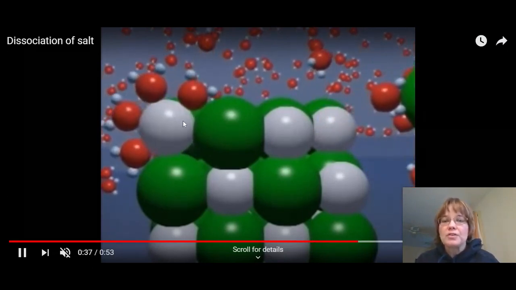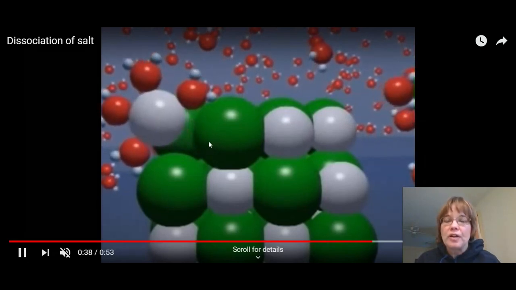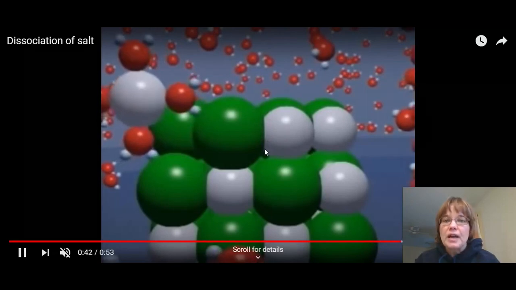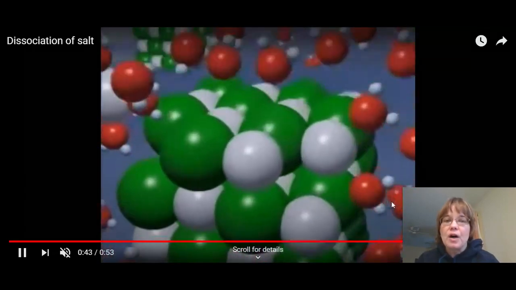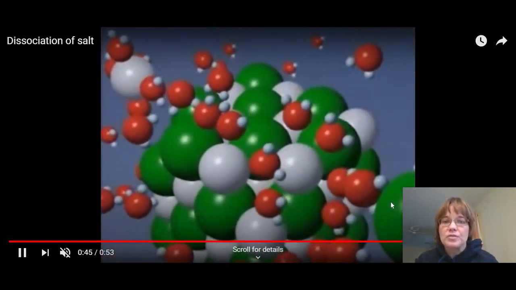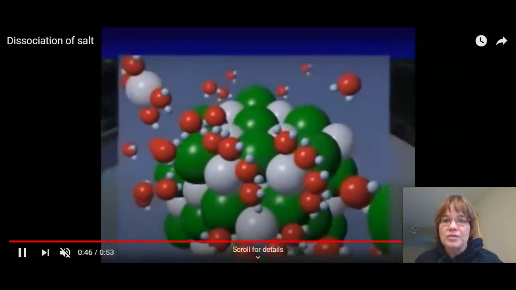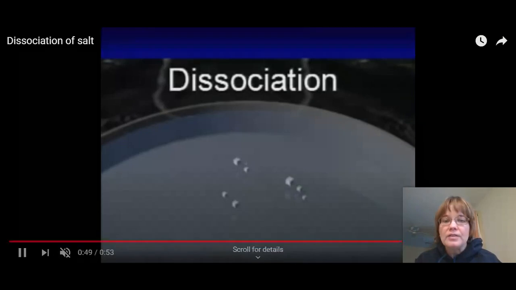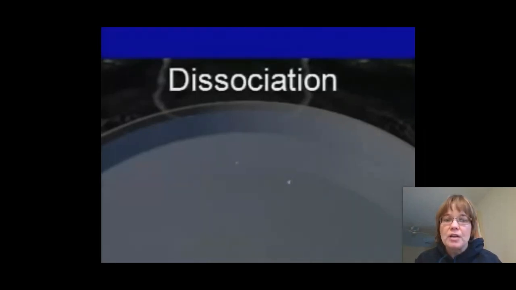The water molecules, as they're attracted to the different ions, pull those ions out of the crystal, and that is what slowly dissolves the crystal in water. So here we see the water molecules attacking all those ions in the crystal, and this results in dissociation of our sodium chloride in water.